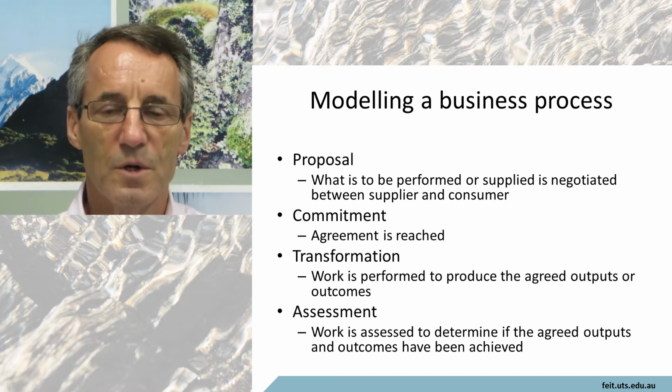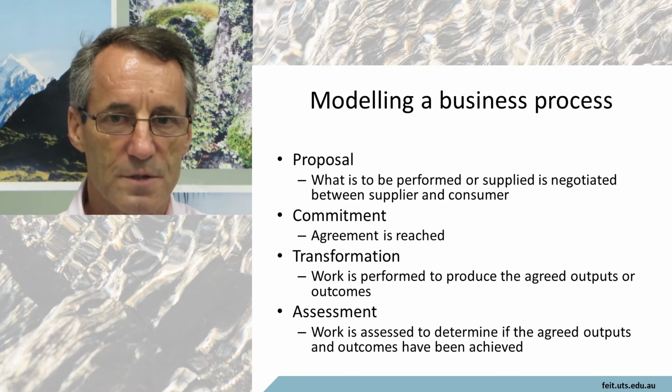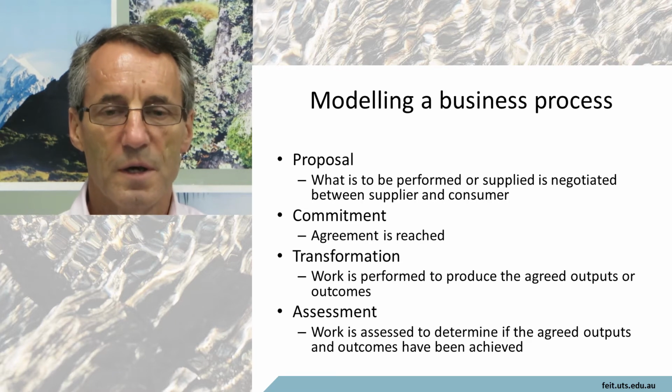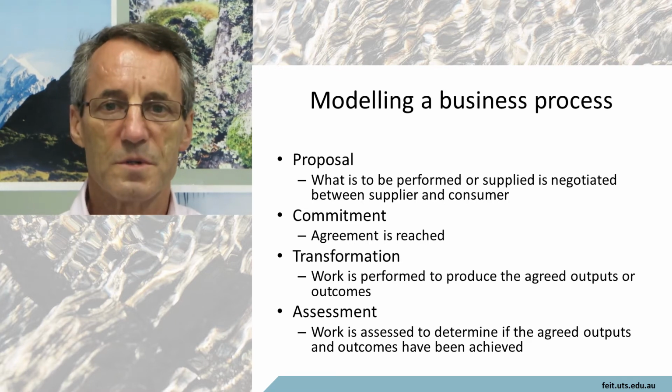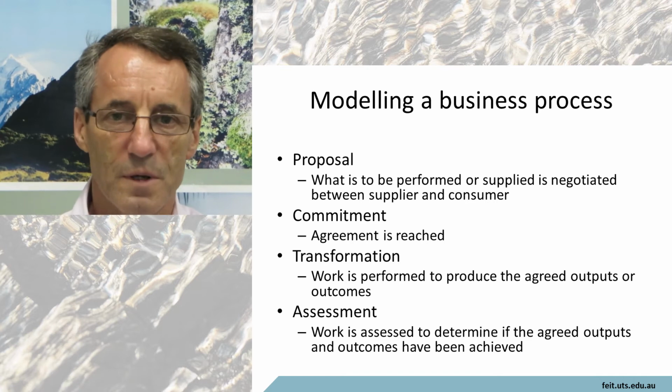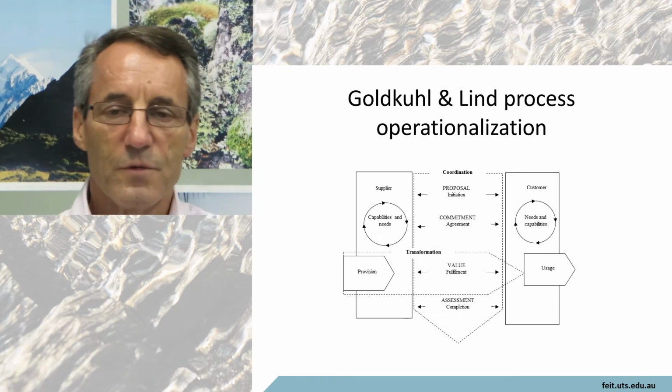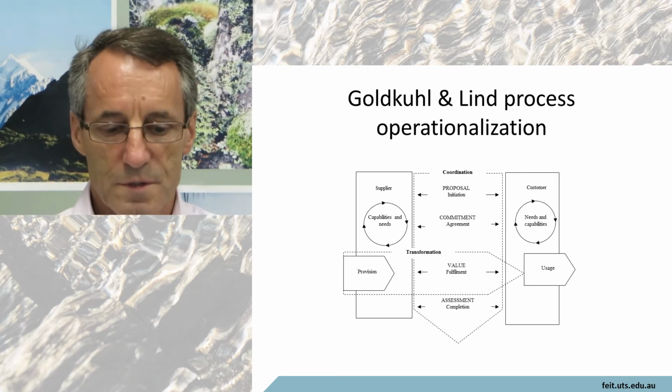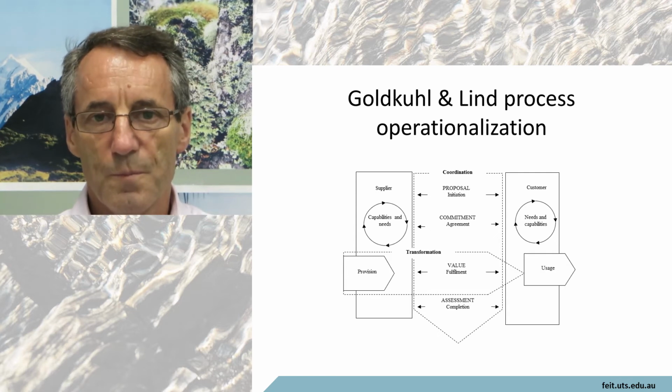So you need to know whether the product is what it is supposed to be, has achieved the levels of quality that it's supposed to be, and it can be delivered. So those are the 4 parts of the process in this Goldkuhl and Lind model.